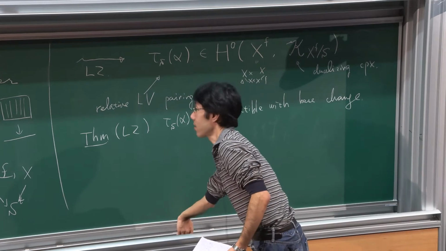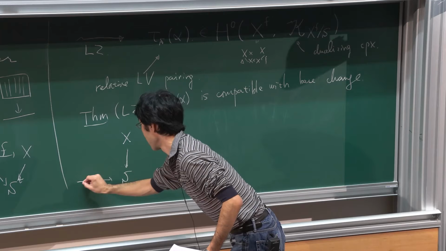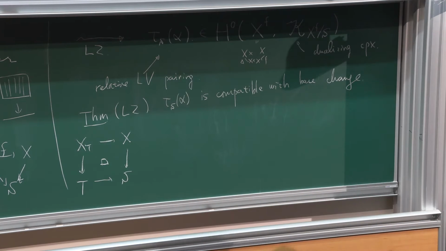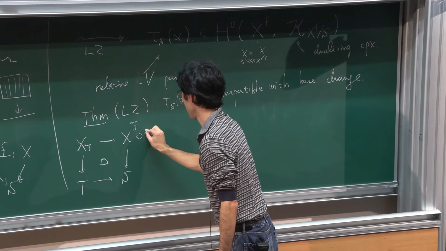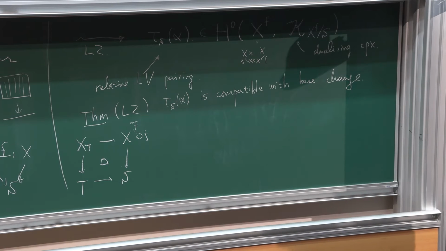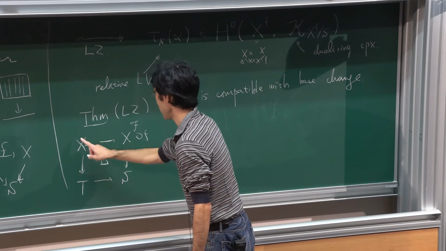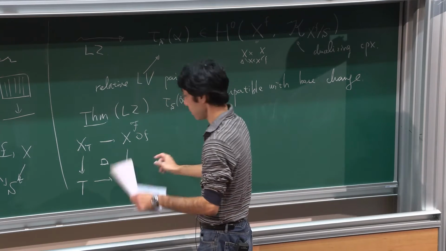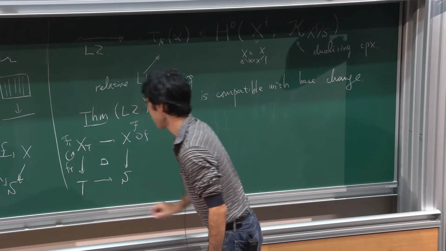I assume I'm given some diagram like this, a base change diagram. Recall that I have F here, and also this endomorphism F. I can pull it back because it's universally locally acyclic. This pullback still remains universally locally acyclic with respect to this morphism. So this is F_T, the pullback, and also I have F_T here.